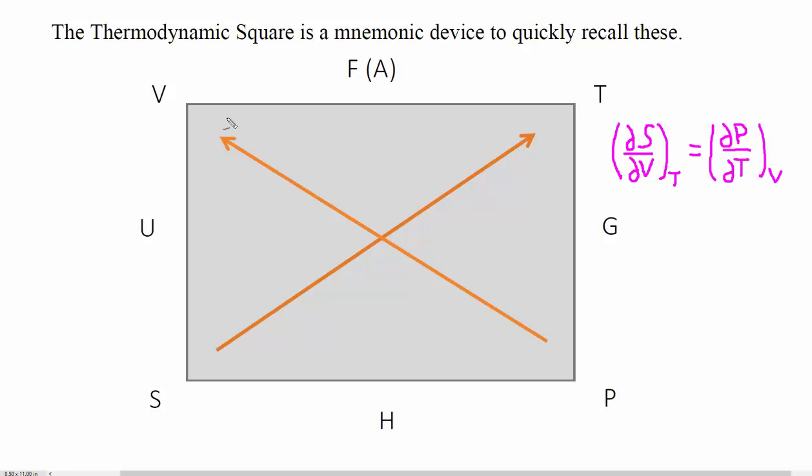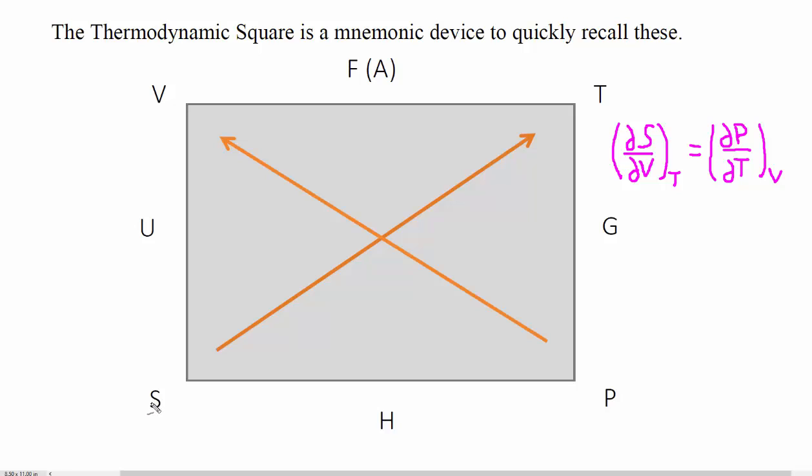Now again, you have to watch the signs. So we took the corners that are basically vertical here. If you take the corners like the bottom and the top, there's equivalent Maxwell relation, but there's going to be a sign change.